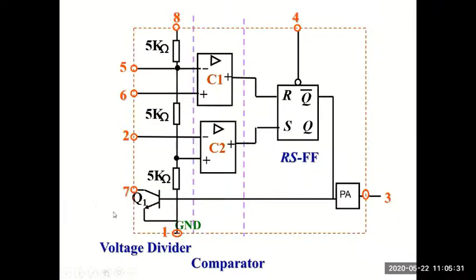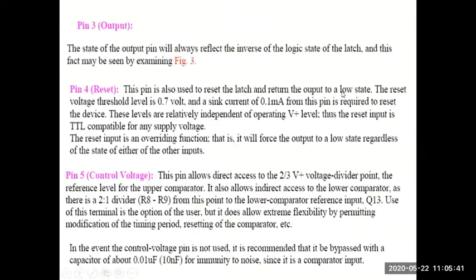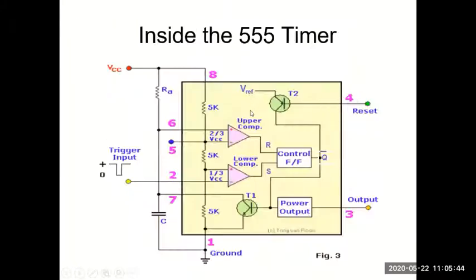So whatever charge is gained by this capacitor will be discharged through transistor Q1 whenever it turns on. And I told you there is a second transistor, T2. This is called the reset transistor. Unlike Q1, this T2 is a PNP transistor.